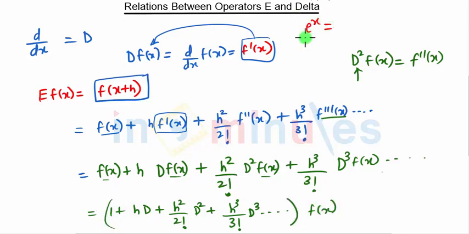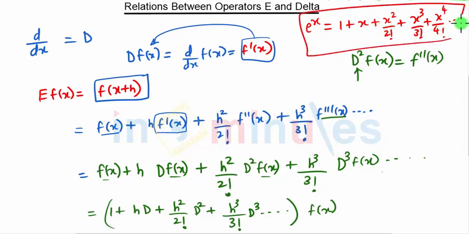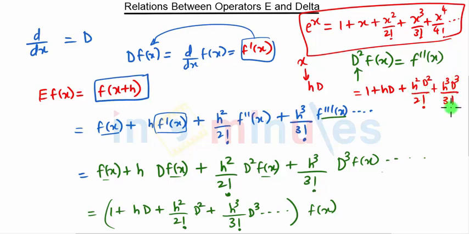What is the series of e raised to x? It is nothing but 1 plus x plus x square upon 2 factorial plus x cube upon 3 factorial plus x raised to 4 upon 4 factorial, and so on. Now if you see in this equation, we replace x by hD, we get 1 plus hD plus h square D square upon 2 factorial plus h cube D cube upon 3 factorial, which is nothing but e raised to hD.